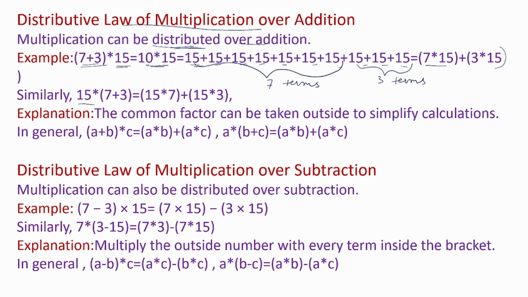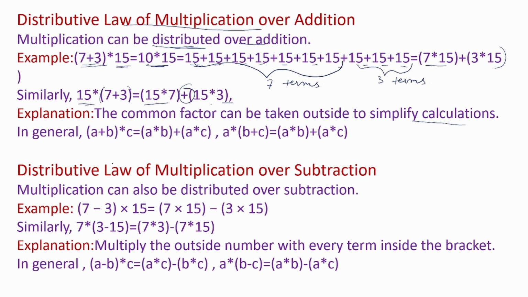Similarly, 15 multiplied by (7 + 3) means 15 multiplied by 7 plus 15 multiplied by 3. The common factor can be taken outside to simplify calculations. That is, the outside number will be multiplied with everything inside the bracket.